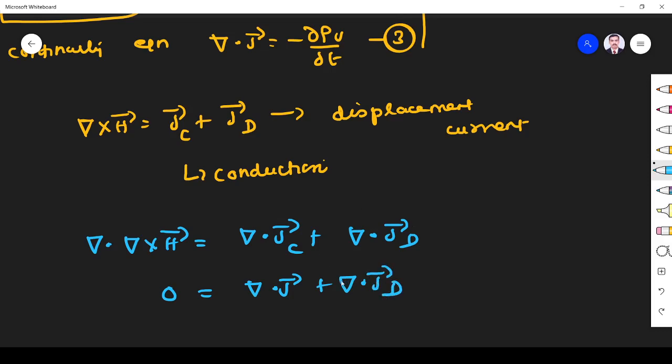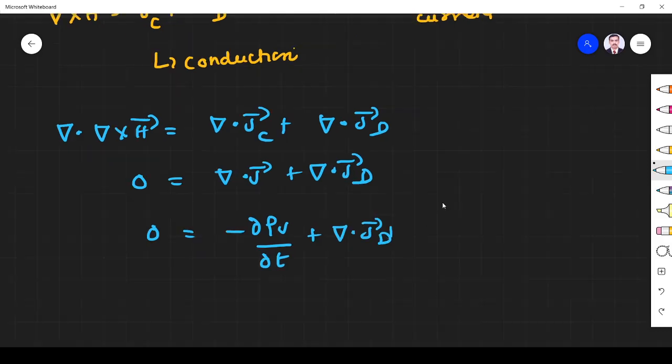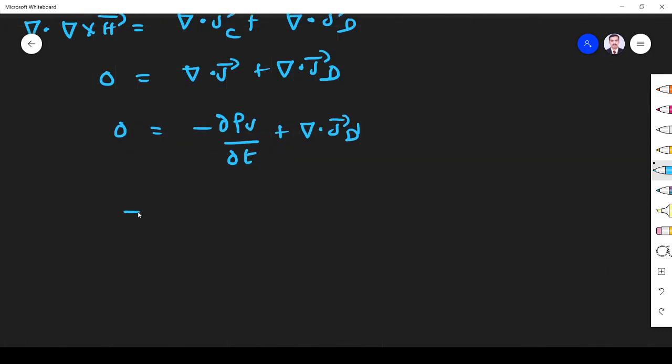Fine. So we know del dot J is minus dou rho v by dou t. Fine, plus del dot JD. So this implies del dot JD is equal to dou rho v by dou t.